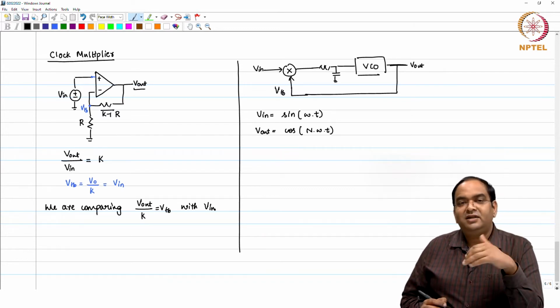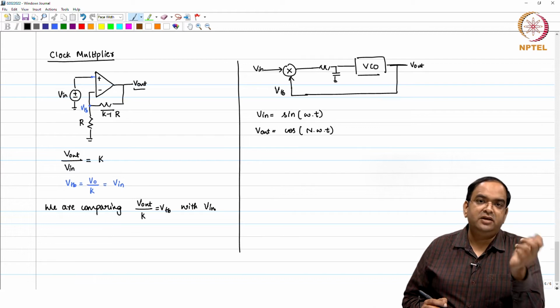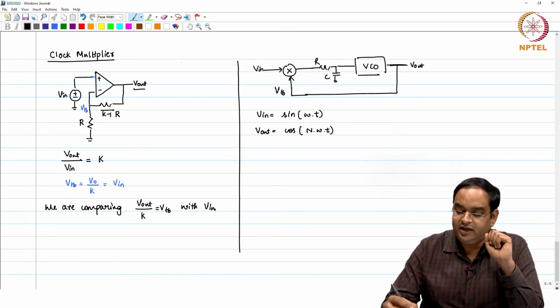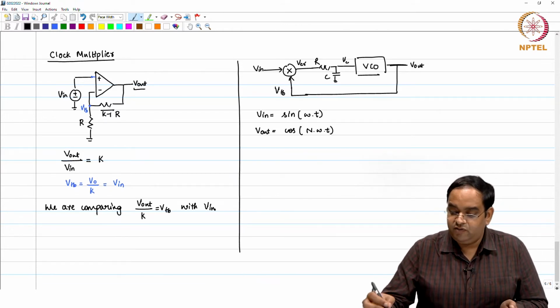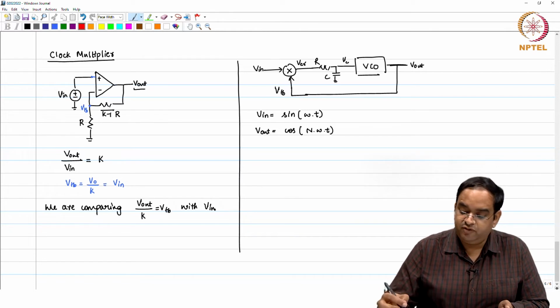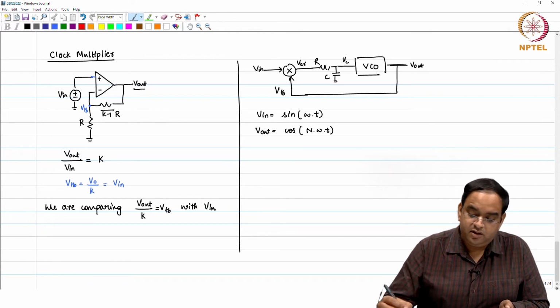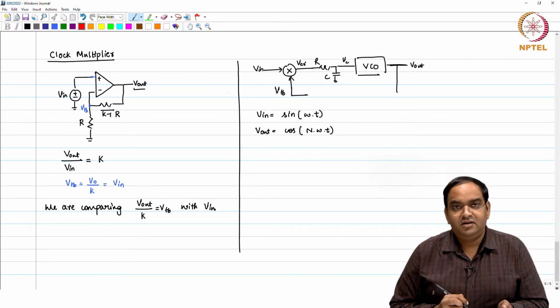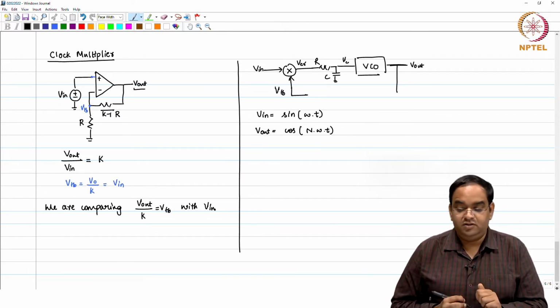If it does not do that, then the phase error will keep on changing, and you will never reach any steady state. So that is not going to happen here. If we want the output frequency to be n times the input frequency, we cannot make this connection.